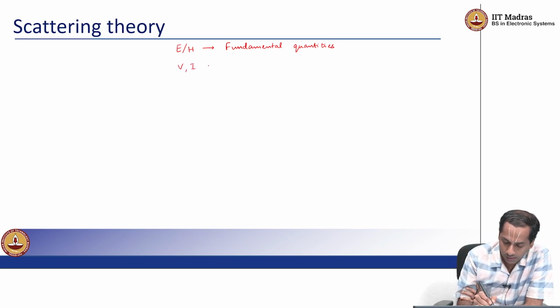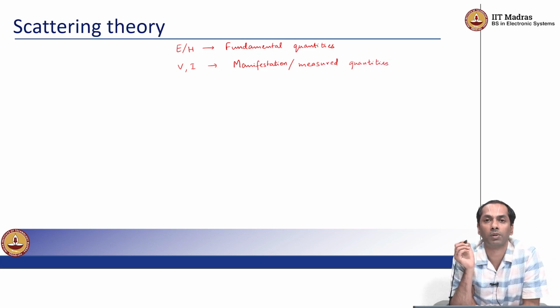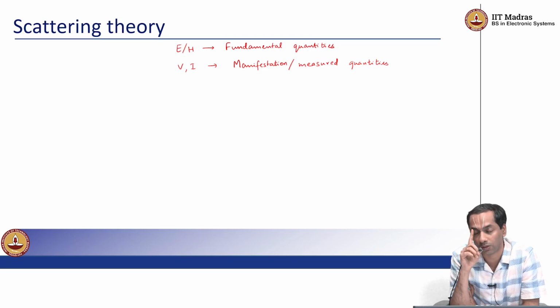Voltages and currents in circuits are manifestations or derived quantities. Right, but nonetheless remember the power of using voltages and currents during transmission lines, right? They were scalars, they were not vector fields, and they were only single dimension, right? So it made circuit analysis so much more elegant, right?